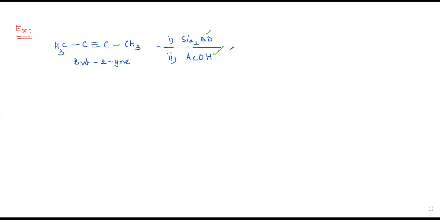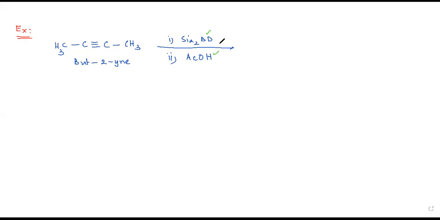If both are deuterium, then there won't be any issue. Even when both are hydrogens, there won't be any issue. But when one is deuterium and the other one is hydrogen, which one has to be added to which carbon atom? This is where the interesting part lies.